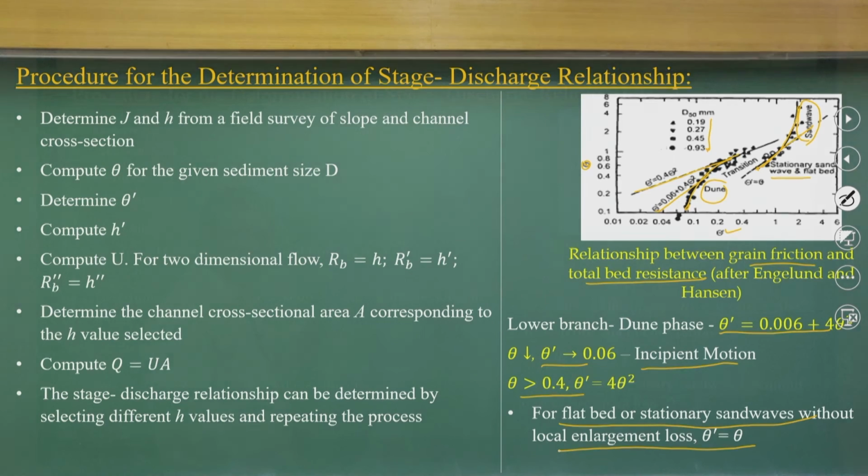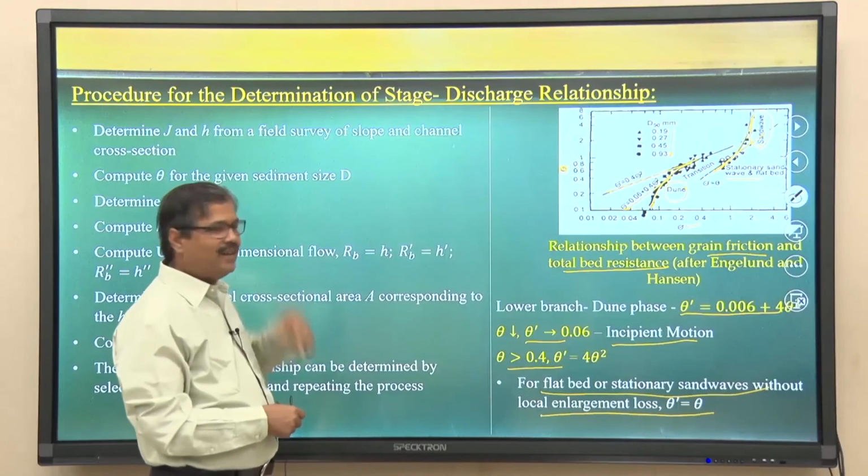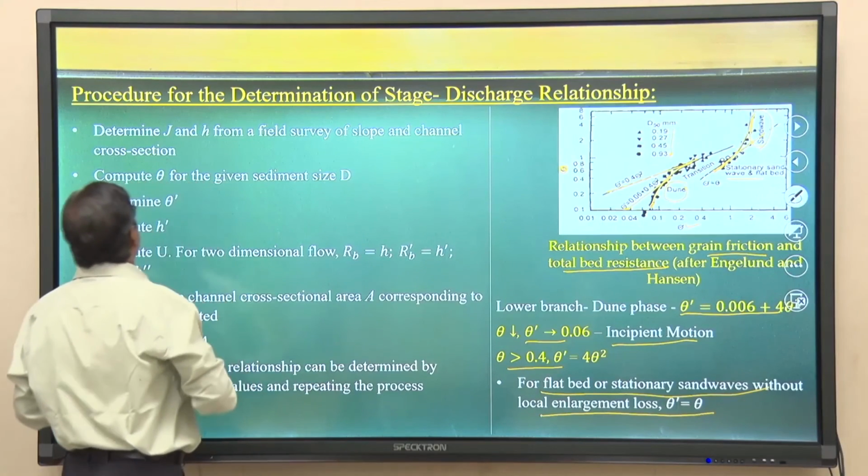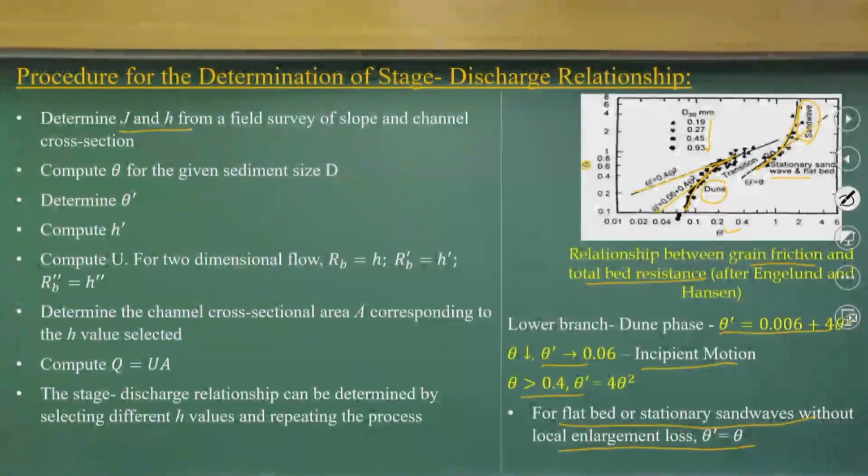That is the reason you have to use a hit and trial method: first you determine Z and H from the field data, compute theta, and since you know the theta value, you can compute theta dash, which is the grain friction.